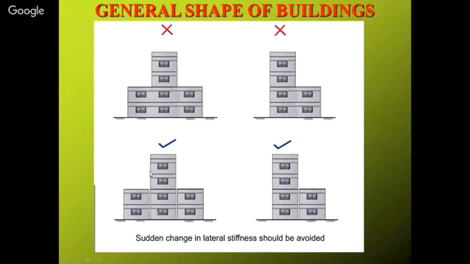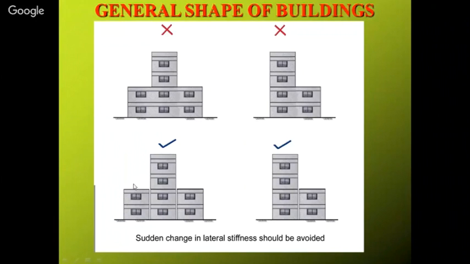Here you can see one larger building is there and an adjoining small building is there. In this case, with large and small buildings, we need to provide this separation joint according to the codal provision, because we are having the pounding effect. What is the pounding effect?